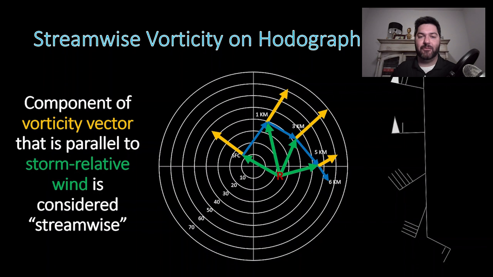If the storm relative wind is going in the same direction as the vorticity vectors, then that is considered streamwise. You can see at the surface, pretty streamwise, not so streamwise at 1 kilometer, but more streamwise as you start getting up to 3 kilometers, 5 kilometers, and so on. That's really important: the more streamwise your vorticity, the better it is for tornadoes.